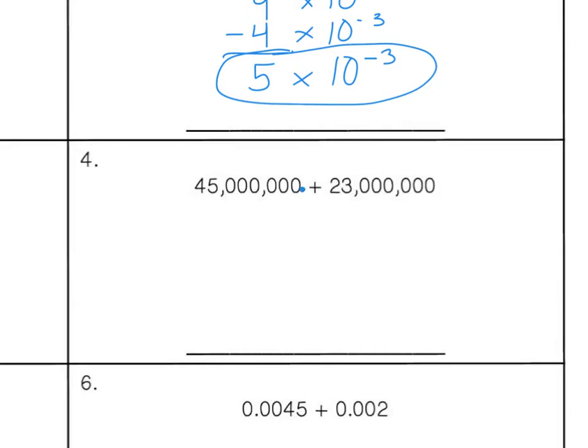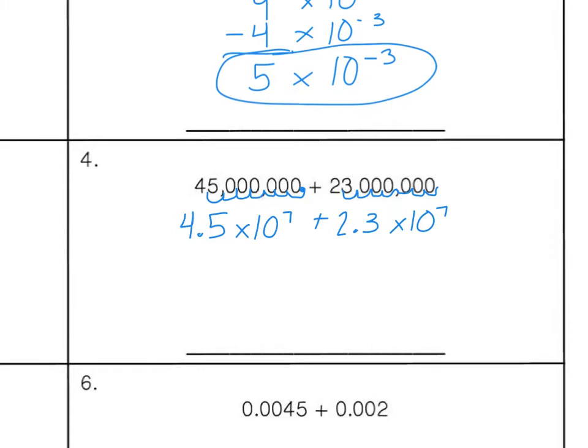Start after your decimal. 1, 2, 3, 4, 5, 6, 7. So we have 4.5 times 10 to the 7th power plus, 1, 2, 3, 4, 5, 6, 7, 2.3 times 10 to the 7th power.